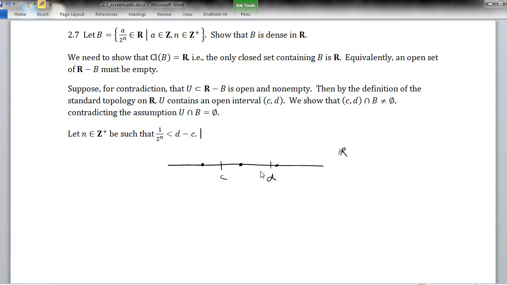And the idea is that if the distance between these multiples is small enough, less than the distance from C to D, then there's no way that these multiples are going to jump over this interval.